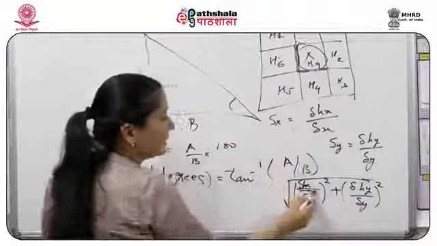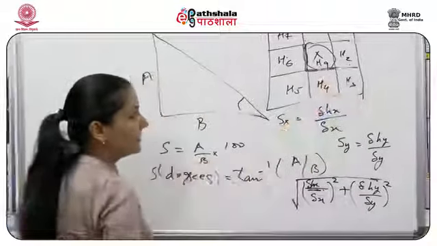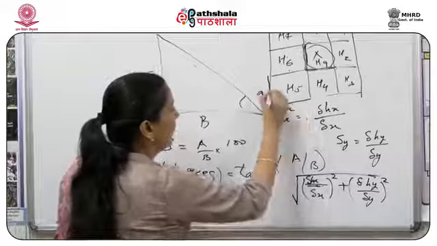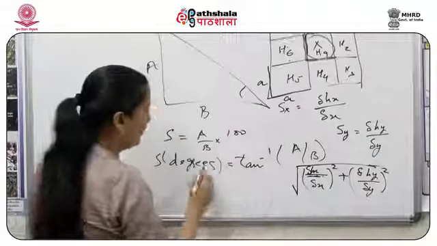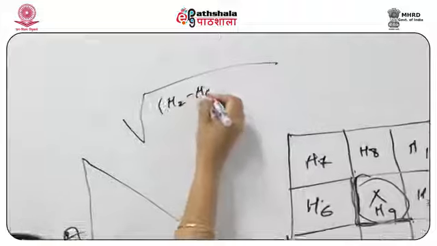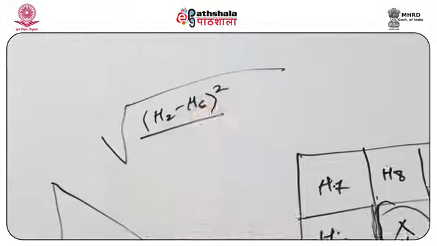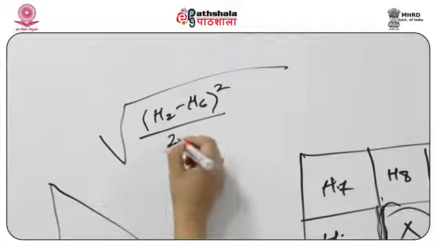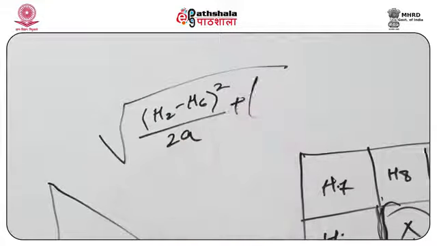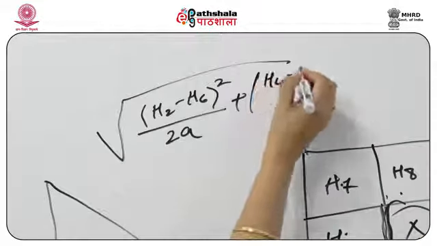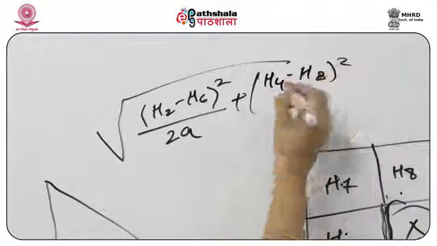So del hx here would be H2 minus H6, and suppose the spatial resolution is in both directions A and A. So the formula here would be the square root of H2 minus H6 whole square upon this direction del x, that is 2a, plus del hy is H4 minus H8 whole square.